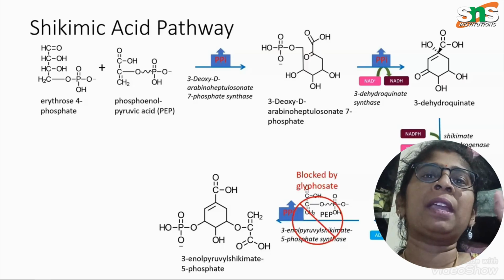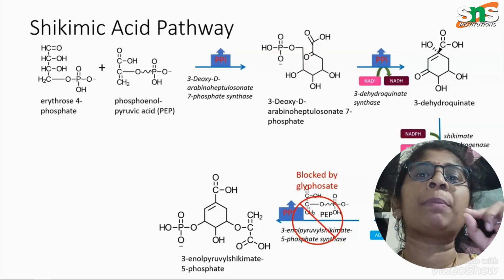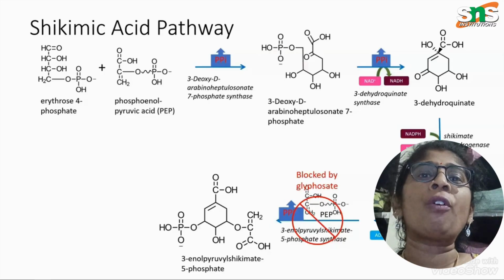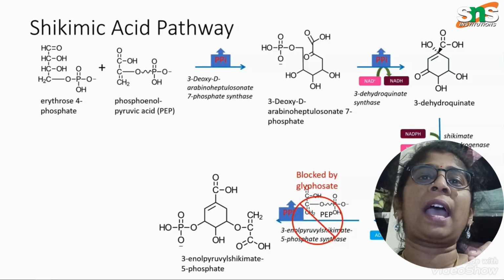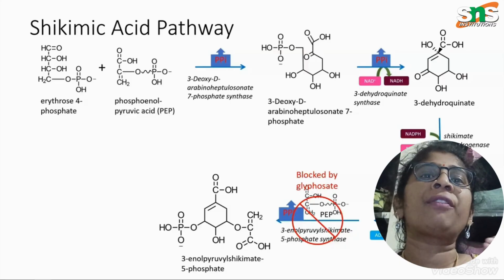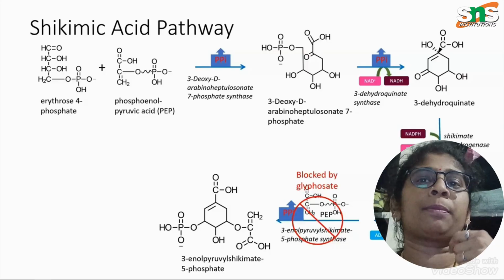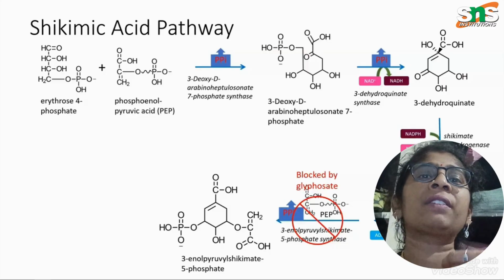Then PEP again reacts with shikimate 3-phosphate to form EPSP using EPSP synthase. Step 7, formation of chorismic acid, that is chorismate. Finally, EPSP is converted into chorismic acid by chorismate synthase, and that's it. Chorismic acid is the end product of the Shikimic acid pathway, and from here several important aromatic amino acids and secondary metabolites are synthesized.